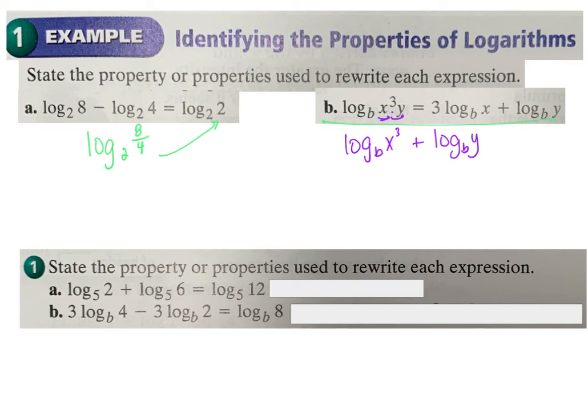That was my product rule. And then they used the power rule, because this is a power and I can bring it out in front. So they used two properties here: the product rule and the power rule. All right, so let's do A and B. Go ahead and really quickly figure out which properties they used there.